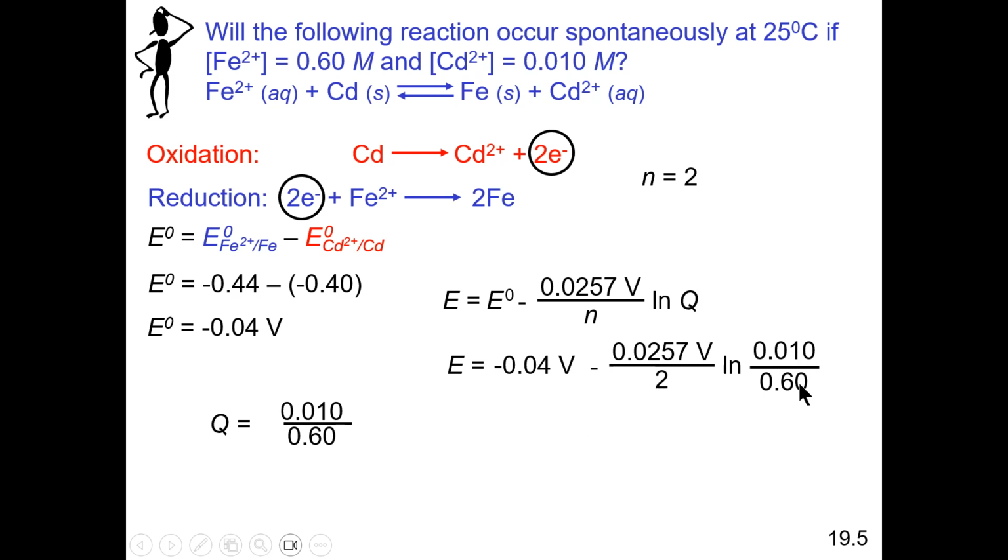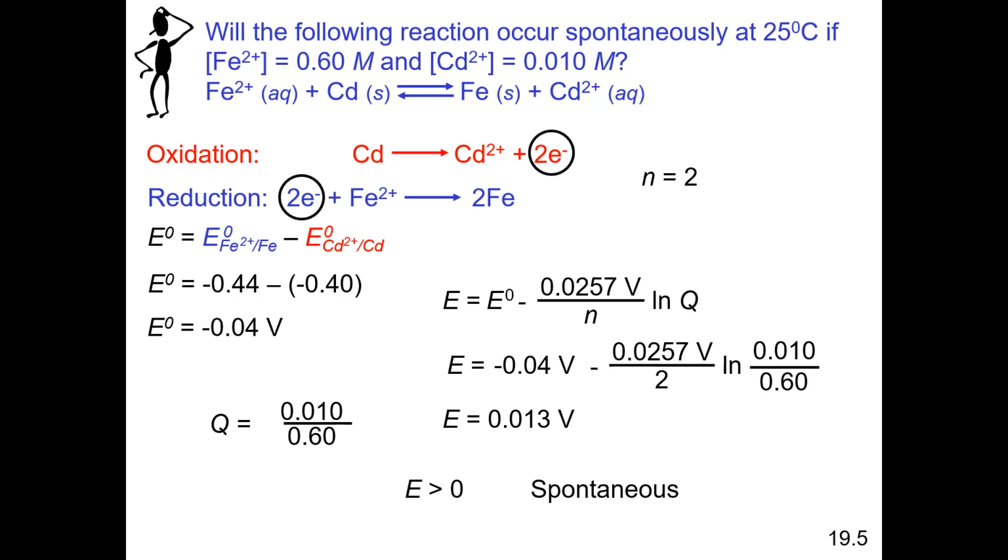So we plug it into this expression here, and then we do our number crunching to find out what the EMF is, right? And it turns out that the EMF of the cell is equal to 0.013 volts, which is obviously greater than 0, which means that this reaction, given these concentrations, will be spontaneous. All right, so that's basically how that is done.